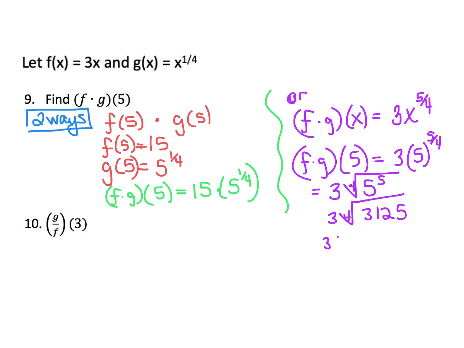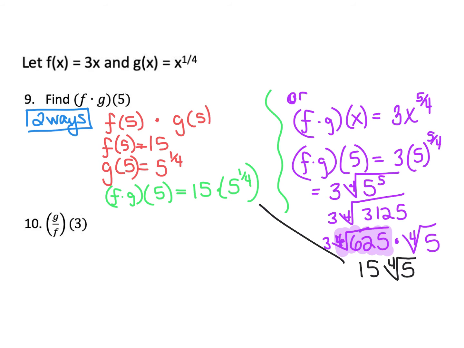So this would be 3 times the 4th root of 625 times the 4th root of what's left over. 3,125 divided by 625 is 5. And then the 4th root of 625 is just 5. So I would have 3 times 5, which is 15, times the 4th root of 5. So these two things are equivalent. I think the first scenario in this particular case is a little bit easier to think through.